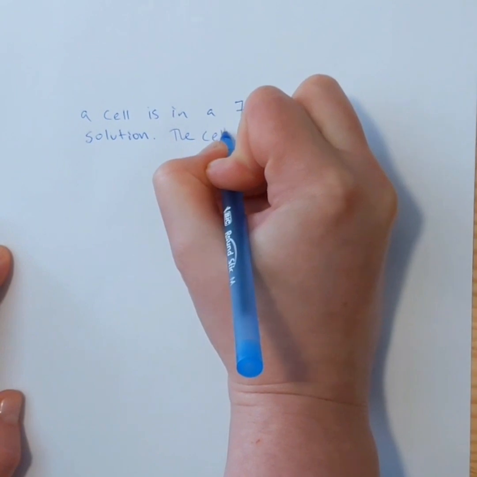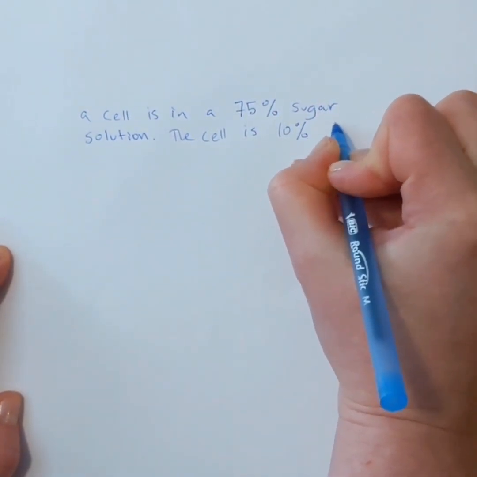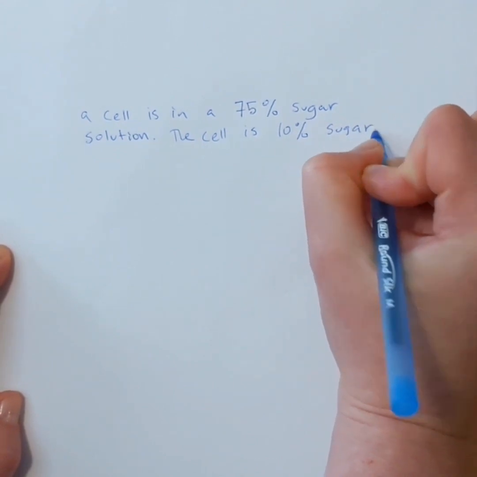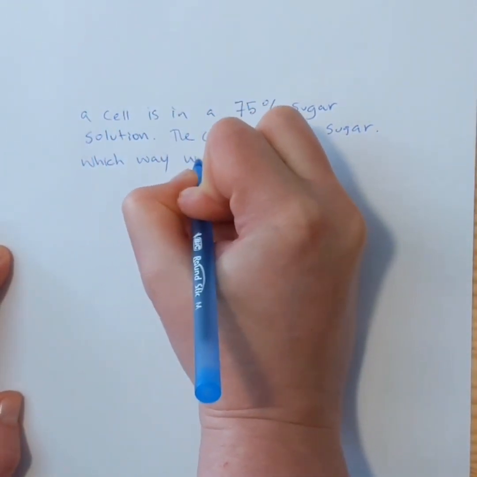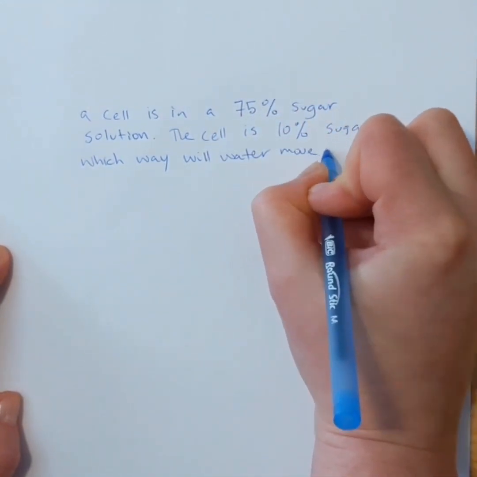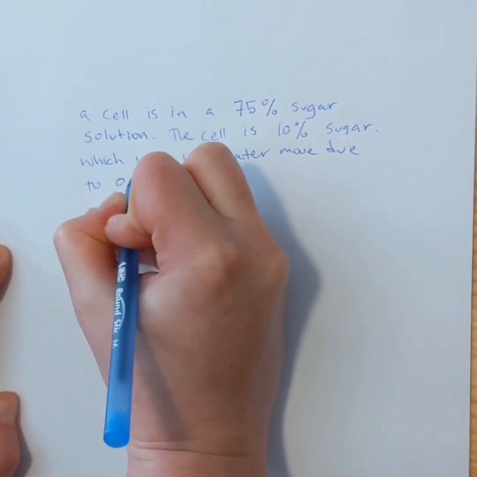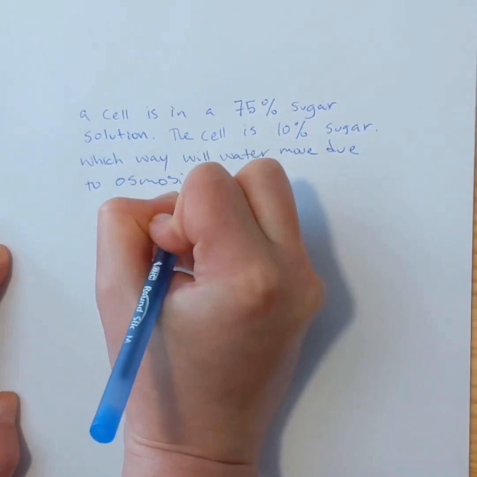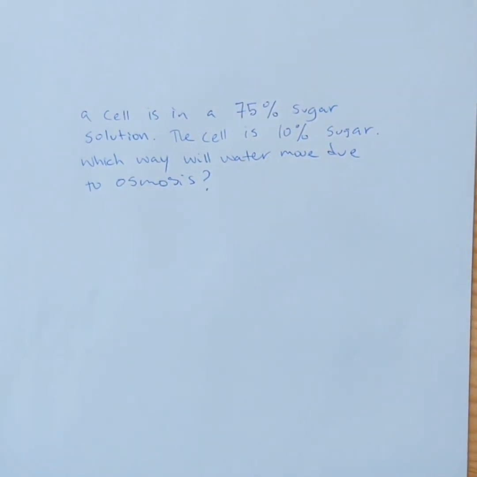The cell is 10% sugar. Which way will water move due to osmosis? Giving you a moment to think about it.